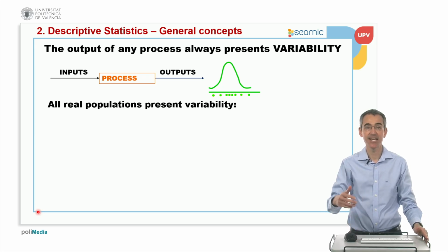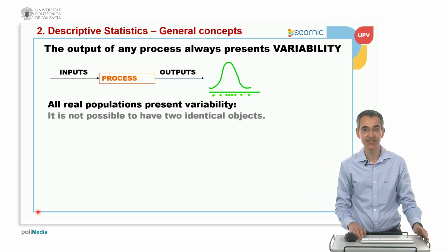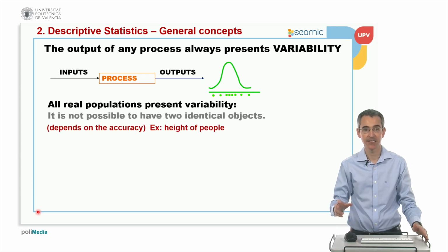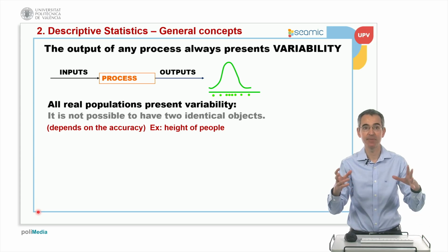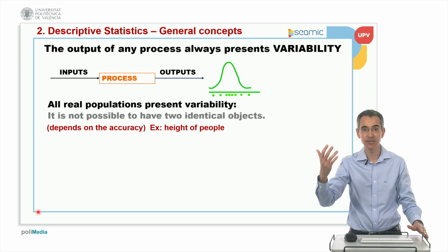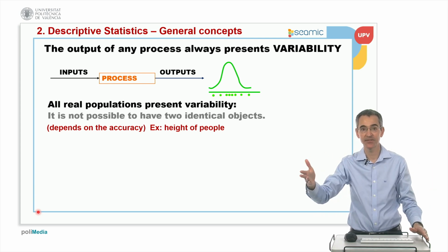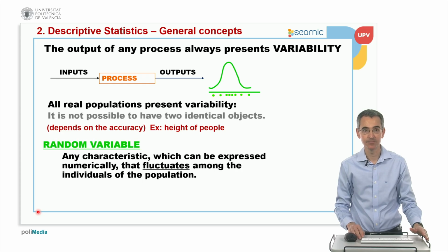And then we say that all real populations always present variability. It means that it is not possible to have two identical objects, two identical individuals. Usually it depends on the accuracy of the instrument. For example, if I talk about the height of people, in a group of people, everyone has a different height, so it is an example.